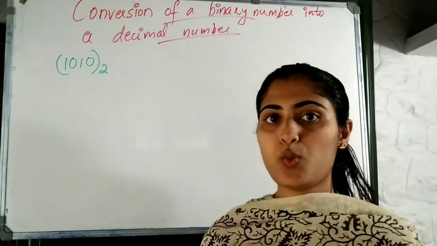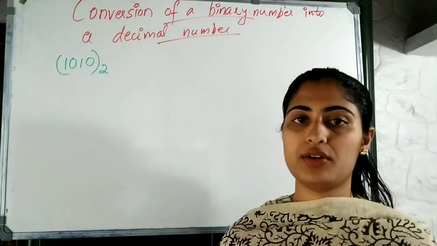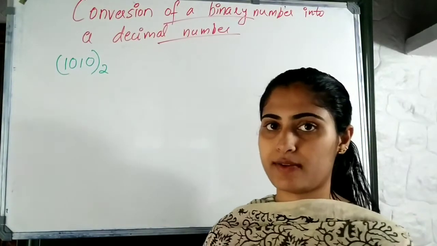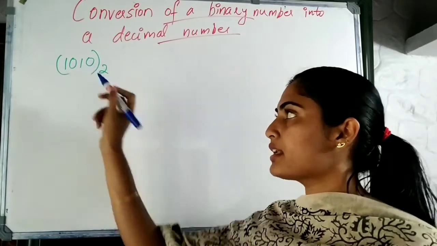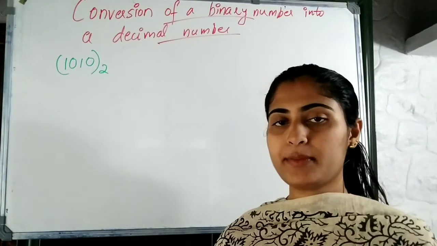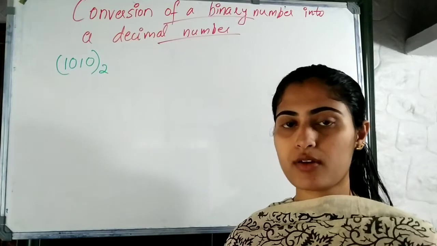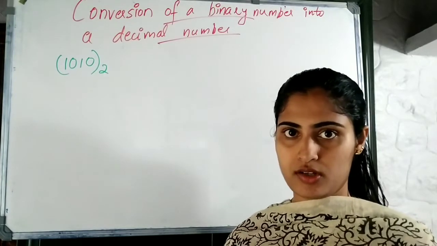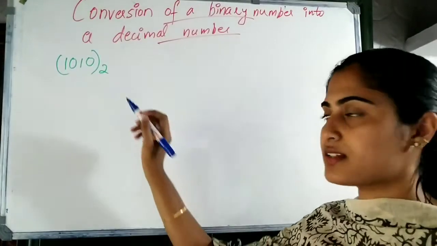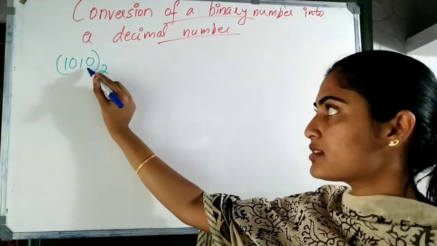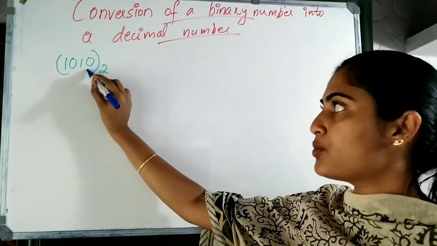We have seen the steps of how to convert a binary number into a decimal form. First step is each digit inside the binary number should be multiplied with 2 raised to the power of that particular position. So let us see how we can do that. Let us start from the right side, that is the digit which is present at units position.